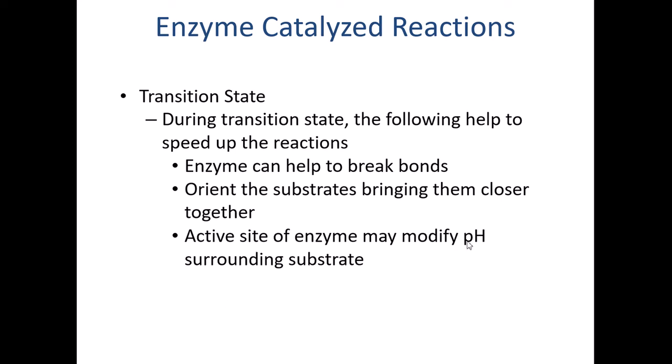So if we have an optimal pH, that is also going to help with the chemical reaction to go forward. So this transition state has a bunch of different things happening. Again, the enzyme helps to maybe break bonds if necessary, help to position the substrates, and then also even change the pH in the area to help get an optimal pH.